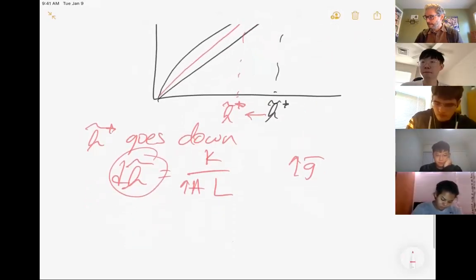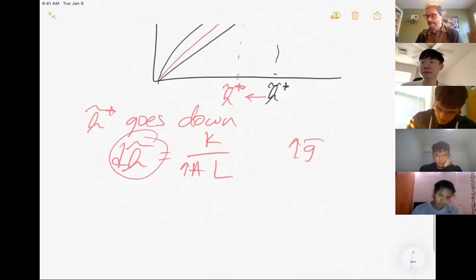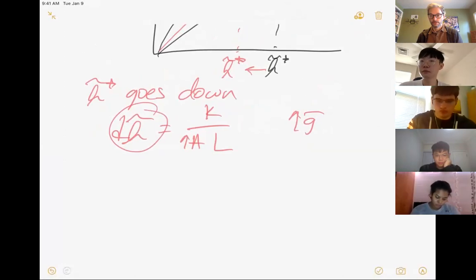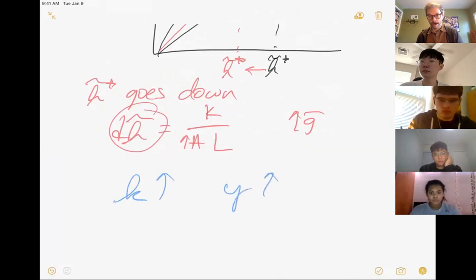But the thing that we need to keep in your mind is, do we really care about K tilde? No. The question is, what happens to little k? Little k actually goes up, and little y goes up, right?